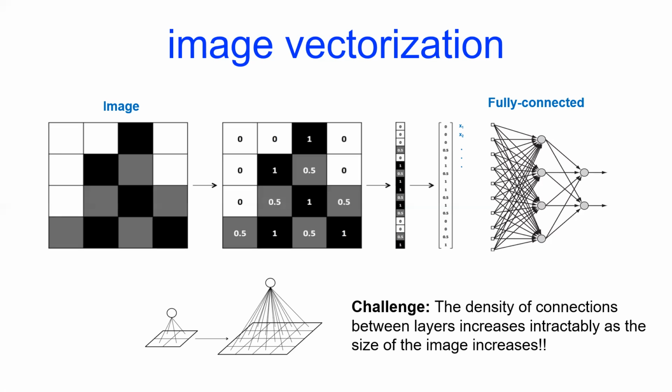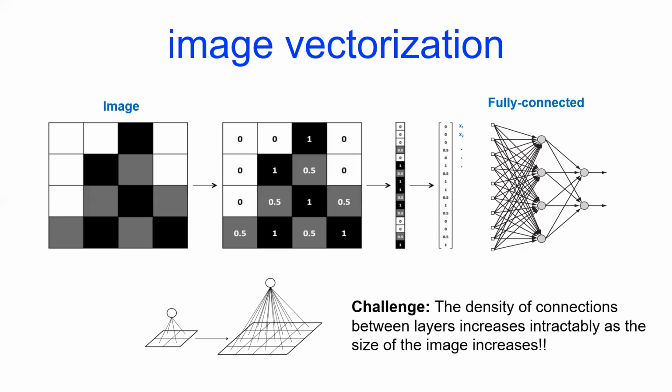But if you're talking about, let's say, a 4K image, even the first layer would already be filled with too many weights. Do you see that? This is because the weights grow too fast. So this is not a great strategy for processing images. All right.